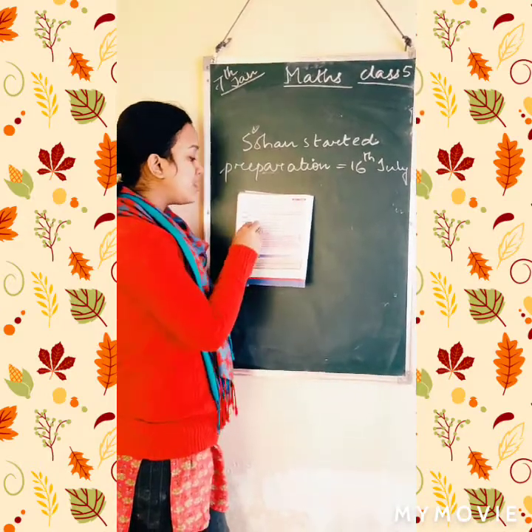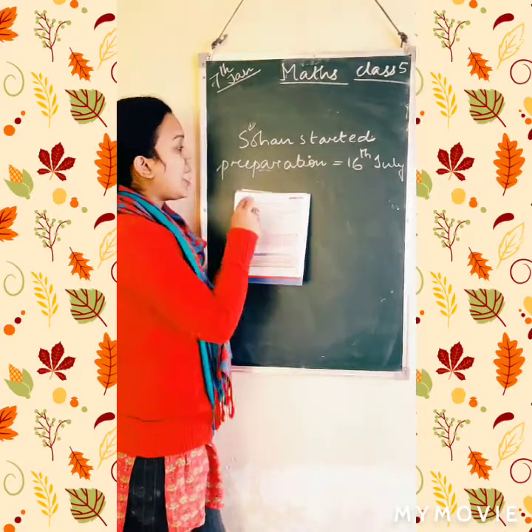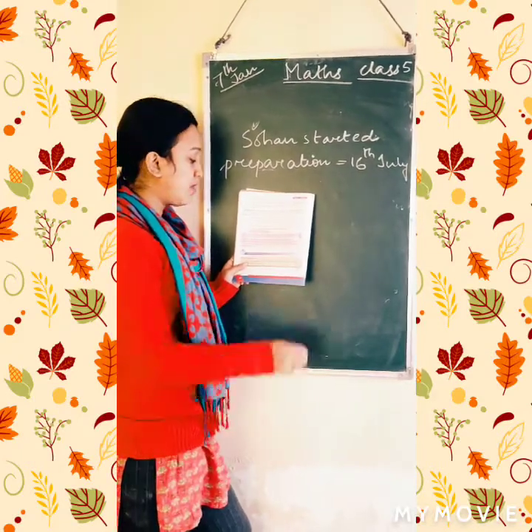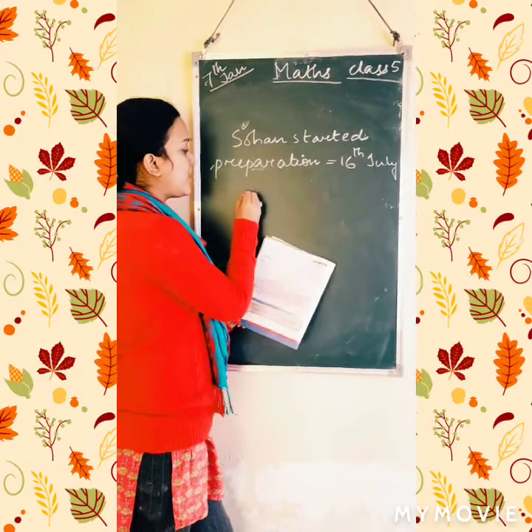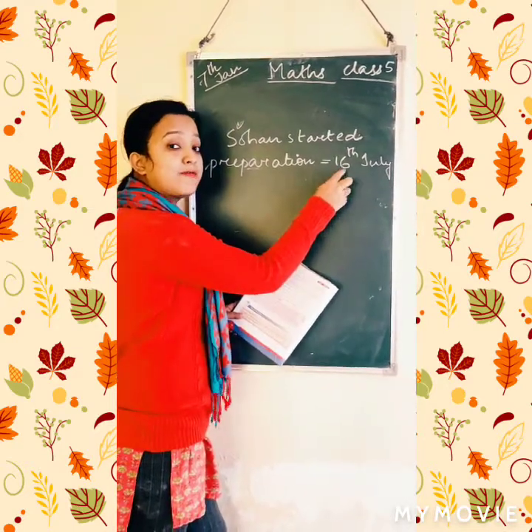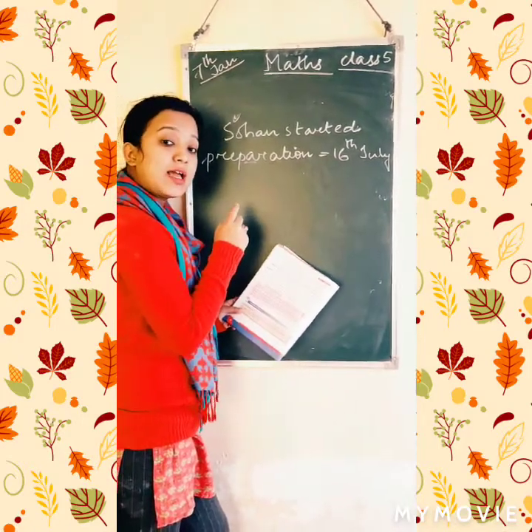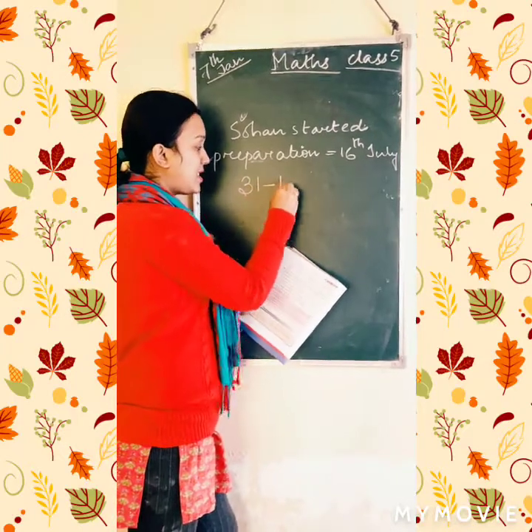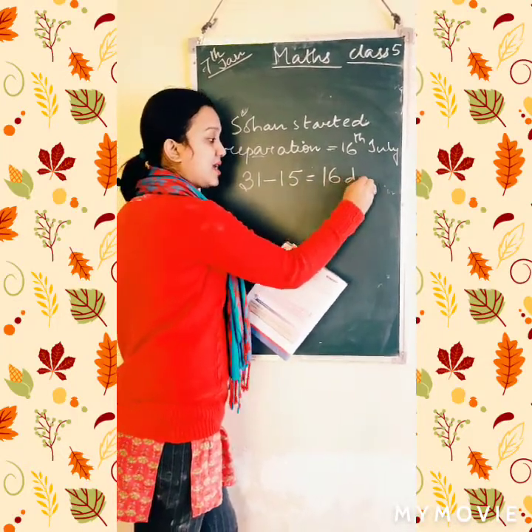Now in July there are 31 days, correct? And he has already started preparation from 16th of July. Now 16th of July is the 16th day, so 15 days are done, and we know all total July month has 31 days. So now what I do, 31 minus 15, you get 16 days, correct?